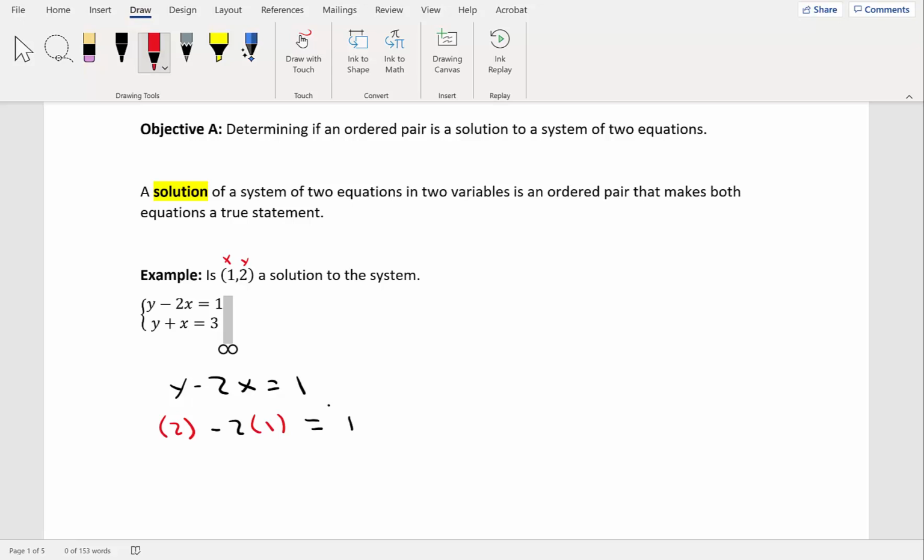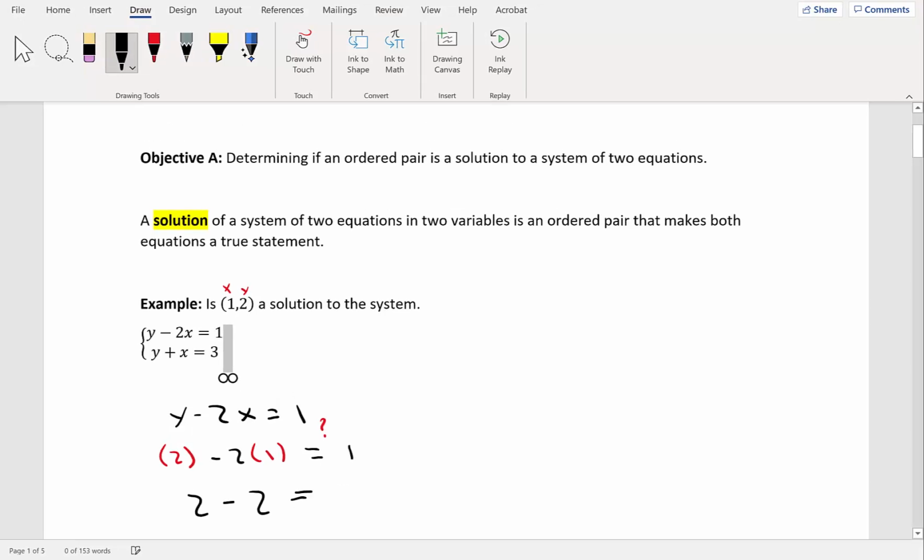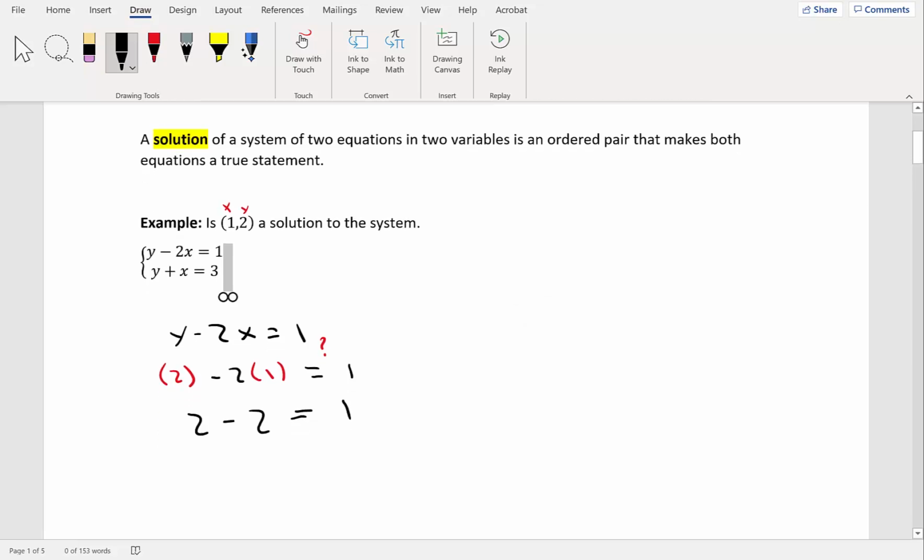Well, let's go ahead and simplify this. So we have 2 minus, now 2 times 1 gives us 2. We want to see if this is equal to 1. So the 2 minus 2 gives us 0, and we have equal to 1, which is of course not true.